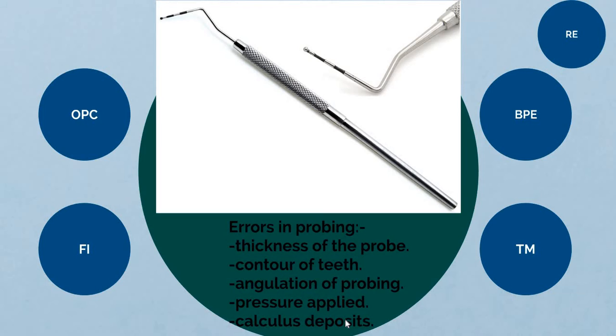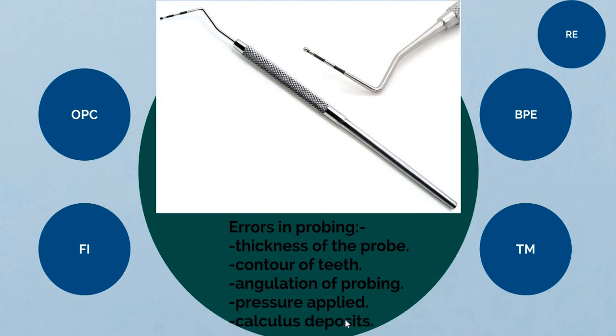After removal of the calculus in the first session, we recheck the examination to find out if there are any pockets, any pathological deepening of the sulcus. So this is important.